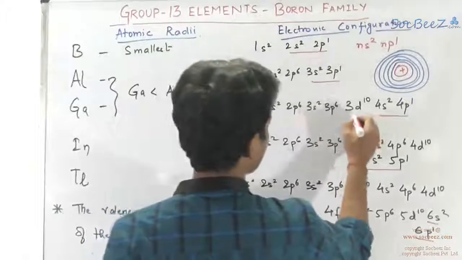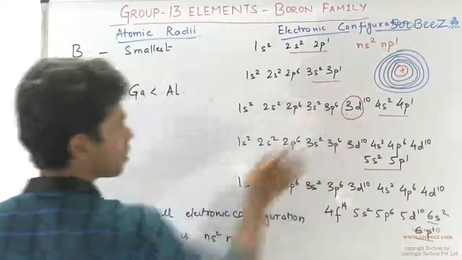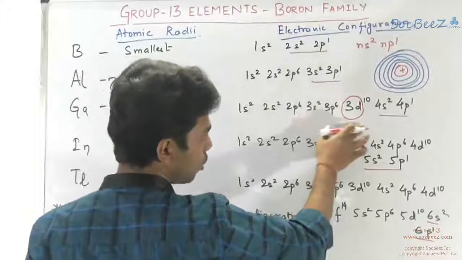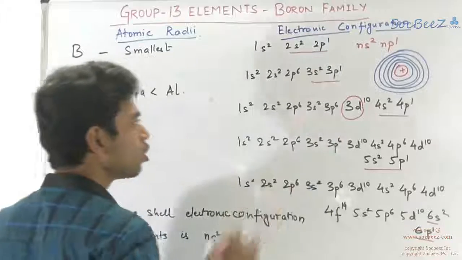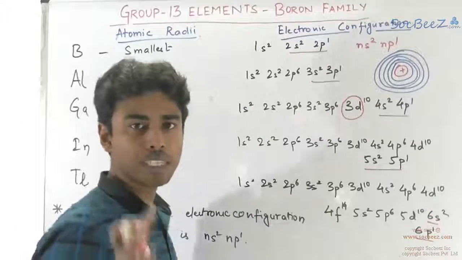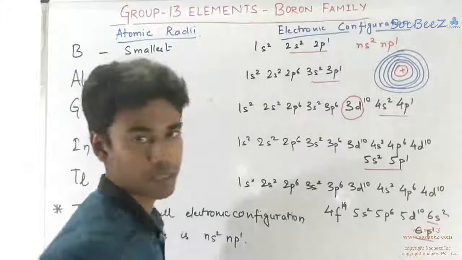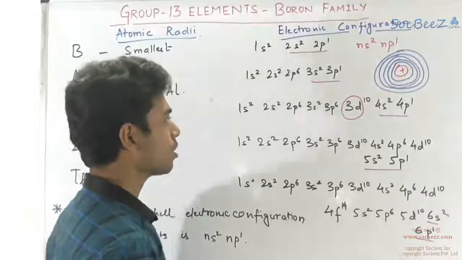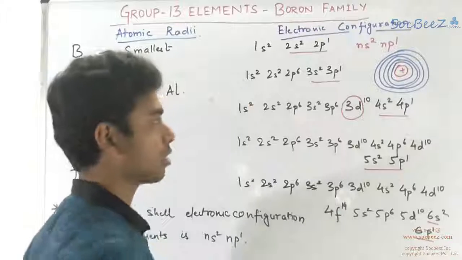You can see that there is an addition of a d orbital in this case. A new d orbital was added in case of gallium. Now these d orbitals offer poor shielding. What do we mean by shielding? Shielding means protecting. These d orbitals do not protect the outermost 4s2 4p1 electrons.